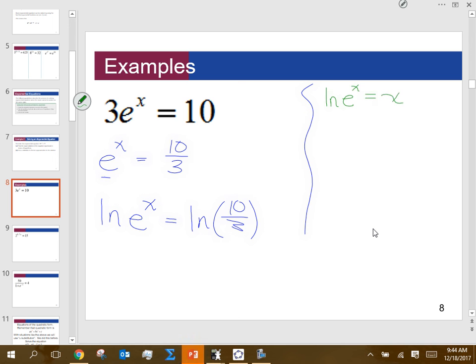We said that was x because ln is the same thing as log base e of e to the x. Well, what do we have to take this e to get that e to the x? Just x, right? So knowing those properties allows me to quickly evaluate that and say ln of e to the x is just x.